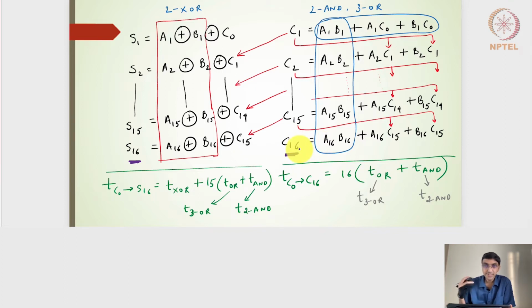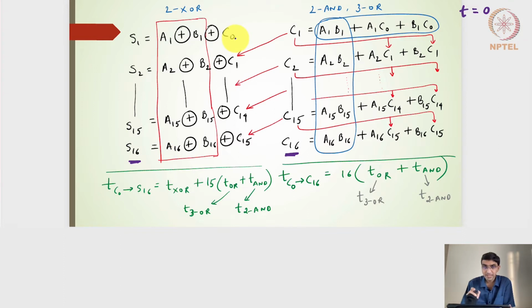The question is, what should be the delay for this 16-bit ripple carry adder circuit? Let's take a look at it one by one. Let's assume that all the inputs are available at time t equal to 0. That means A1, B1 to A16, B16, and C0 are all available at t equal to 0.